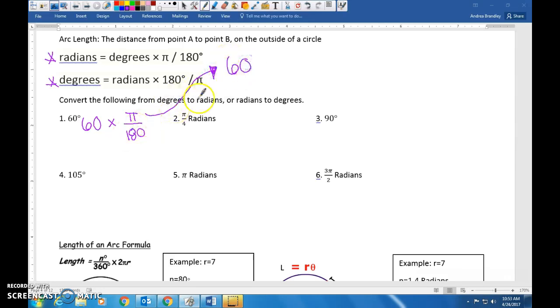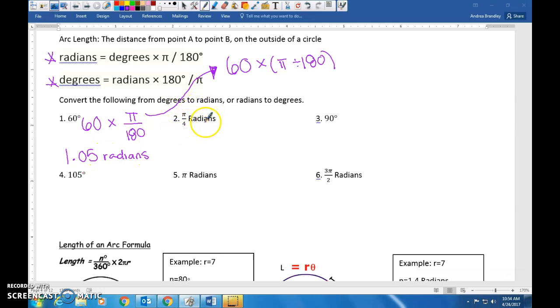So I would enter 60 times, in parentheses, pi divided by 180, just to make sure I don't have any mistakes due to calculator error. When I enter that, it comes out to about 1.05 radians. So 60 degrees is the same as about 1.05 radians.